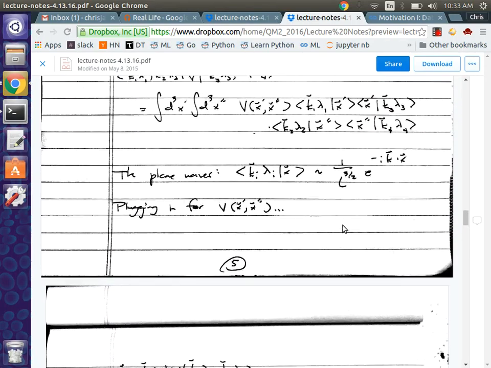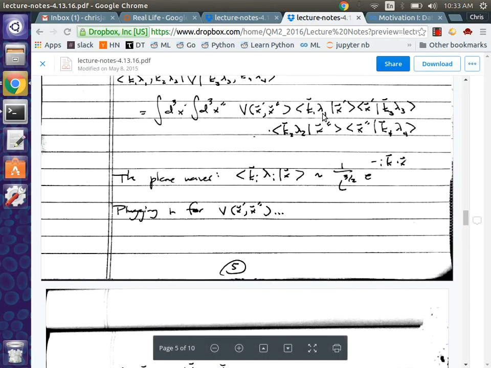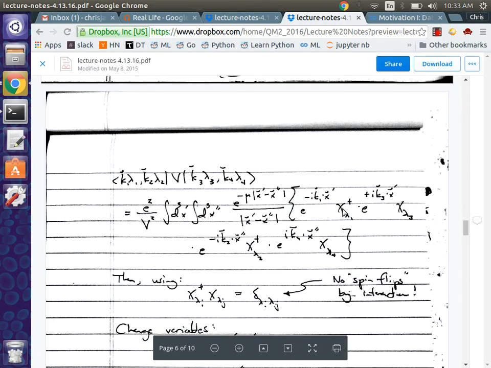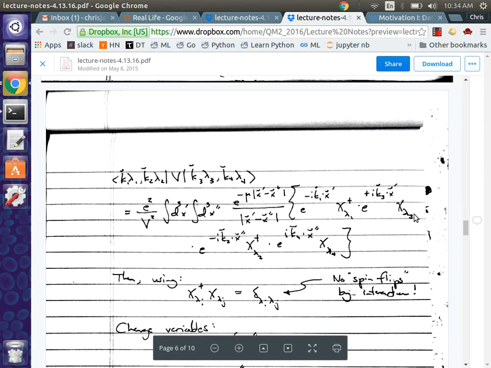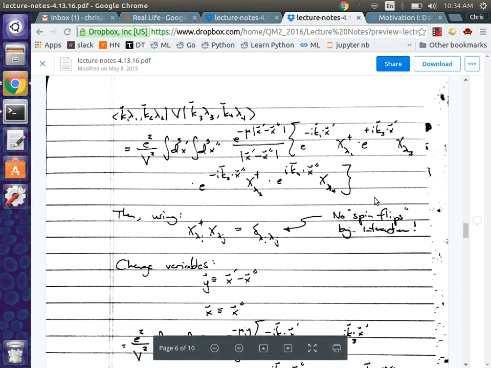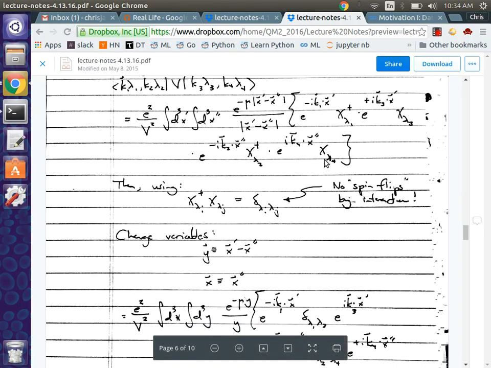So here, if you go back and look, I've got lambda 1, and it's going to be sandwiched on lambda 3. This is like a chi, but it's a bra, so it's chi dagger, and this is going to be a chi. So I have chi labeled by lambda 1, daggered, and here's chi lambda 3. Offline, when you're at home, just work through this and see what I'm doing. I'm just plugging in stuff.